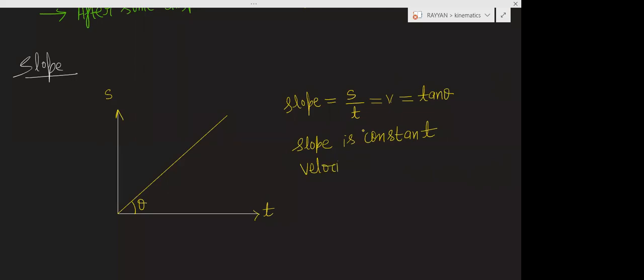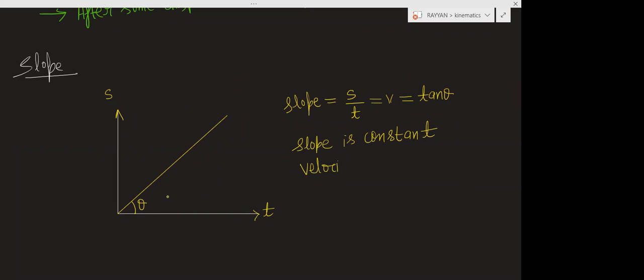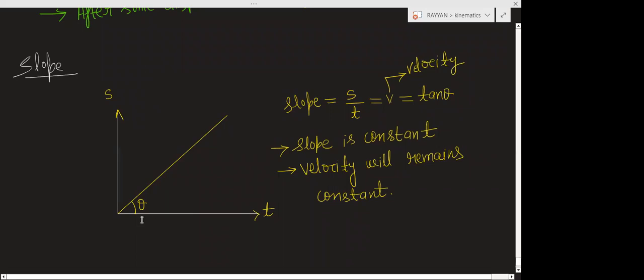If this is the type of graph you have, then you will say the velocity will remain constant. So basically slope is the velocity. So if slope is constant, then velocity will also be constant.